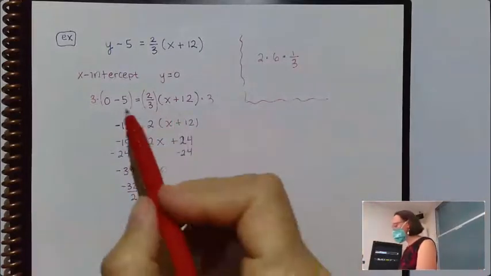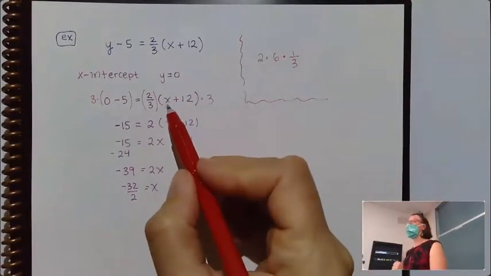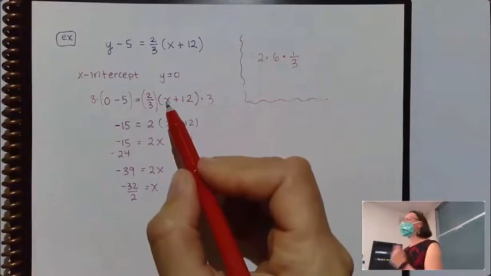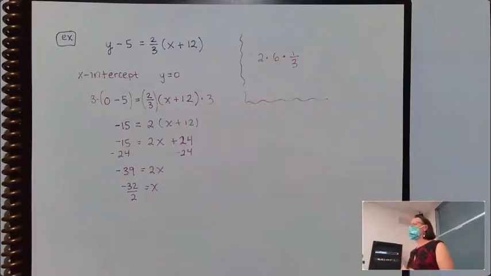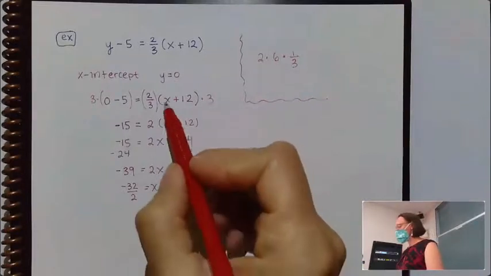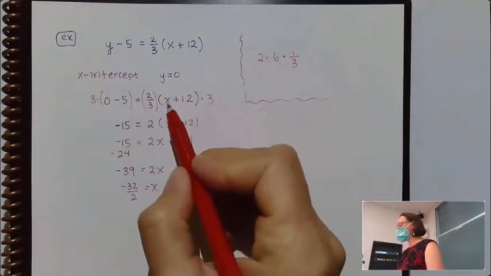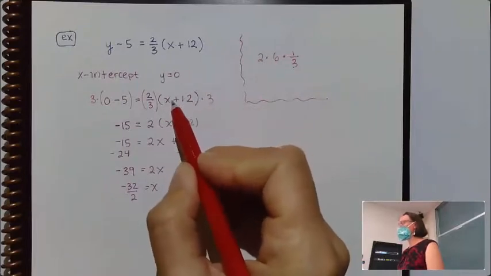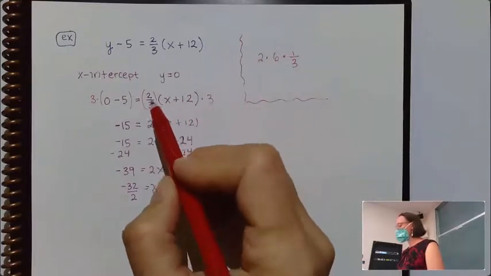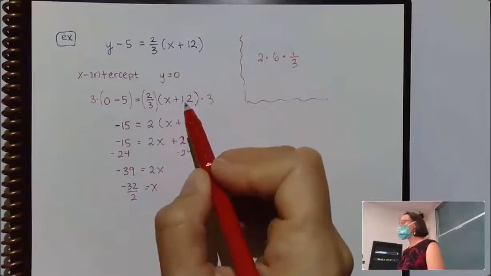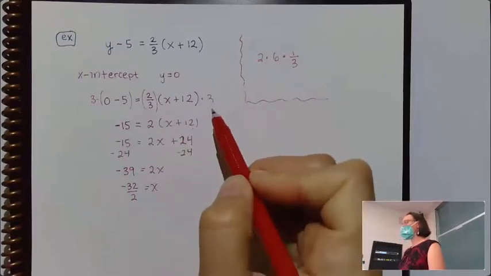So if I look here, I don't know what the value of X is, right? But once I've chosen a value for X, it would be a number. And that number plus 12 means that that stuff in parentheses is a number. So 2/3 is a number, the stuff in parentheses is a number, and the 3 is a number.